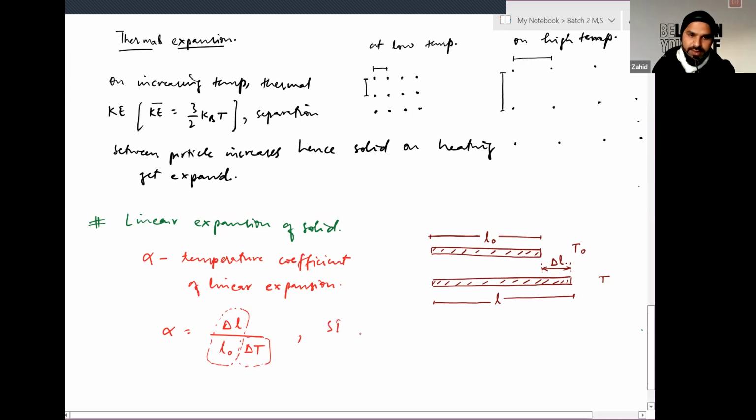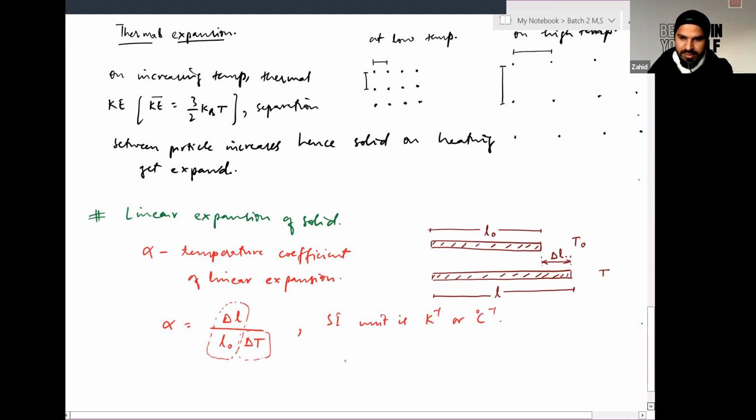So SI unit of this alpha is Kelvin inverse or degree Celsius inverse. Let me define it.